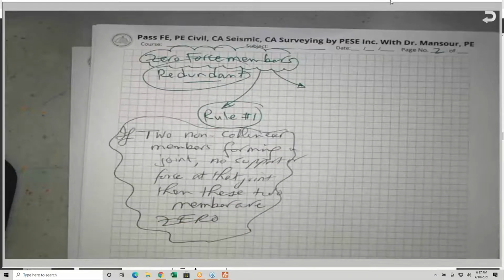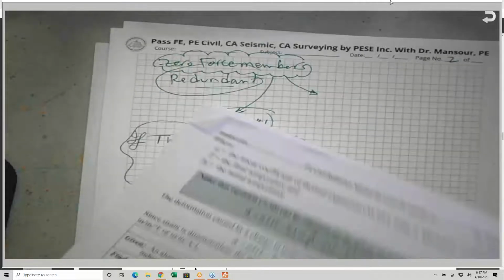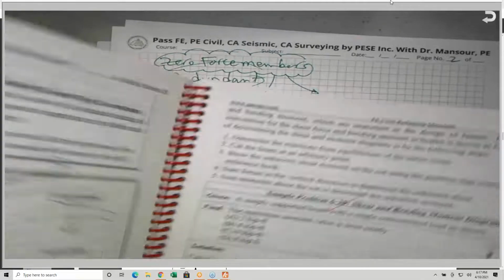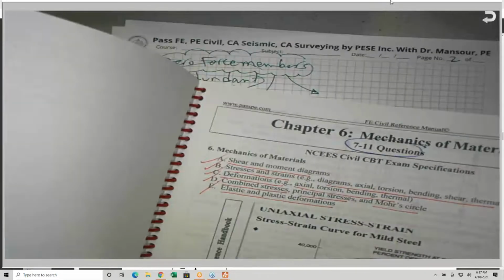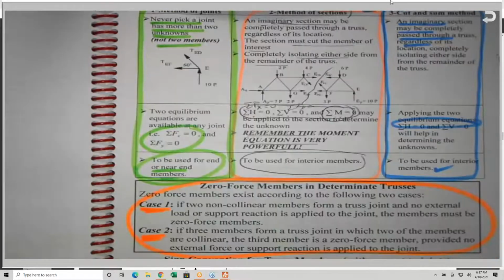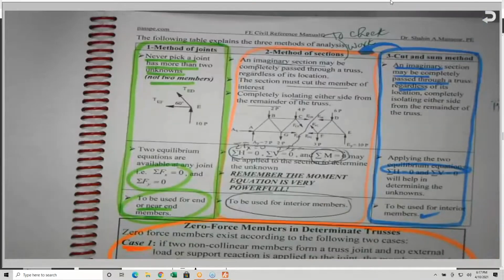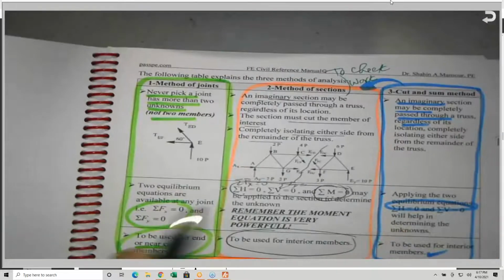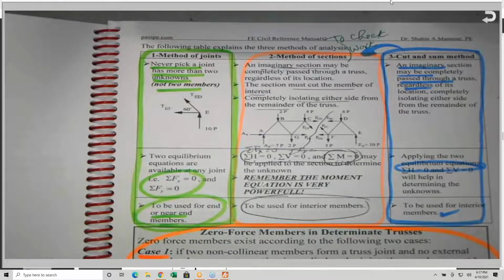Probably the Egyptian English here is not the best English. But if you look at the chapter, you will find that I put them as rule number 1 and rule number 2 immediately under the table that has the 3 methods.